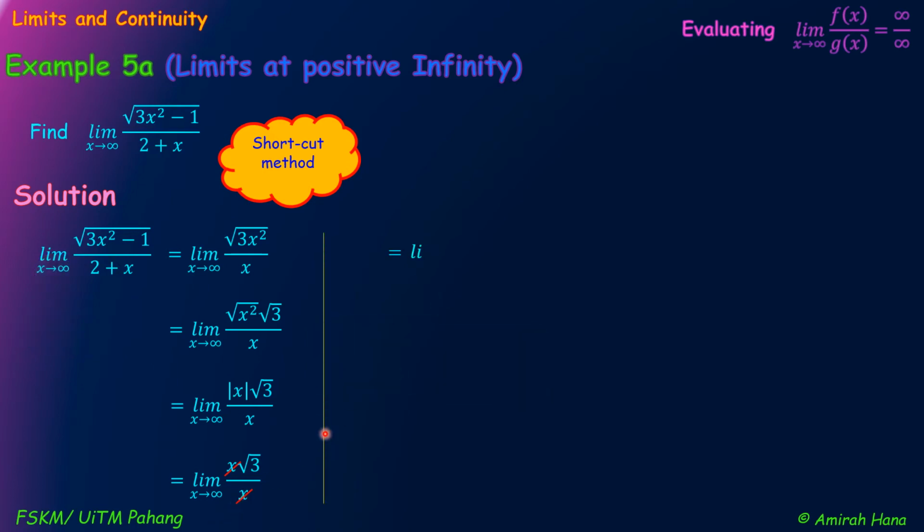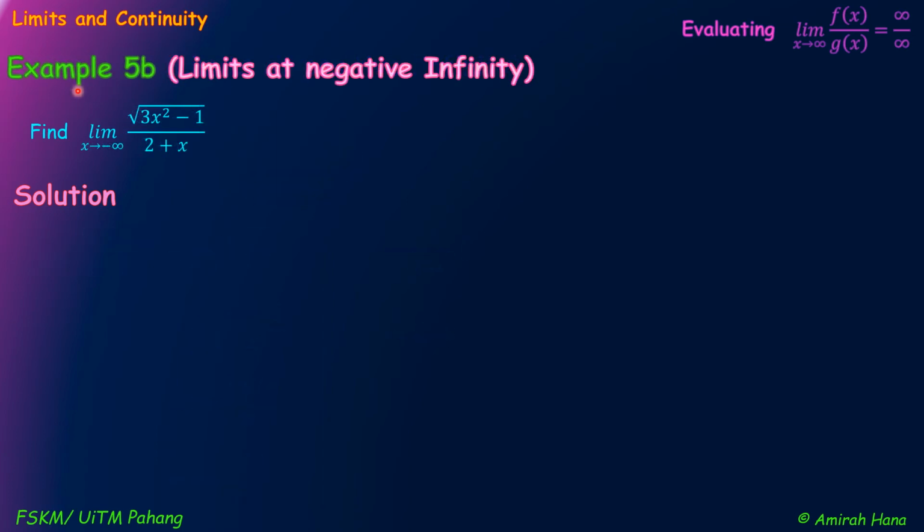After we simplify, we get the limit as x approaches infinity of the constant square root of 3. Since there is no variable x to substitute here, the answer equals square root of 3, which is a positive value. We just leave the answer as square root of 3. No need to write the answer as a decimal value.